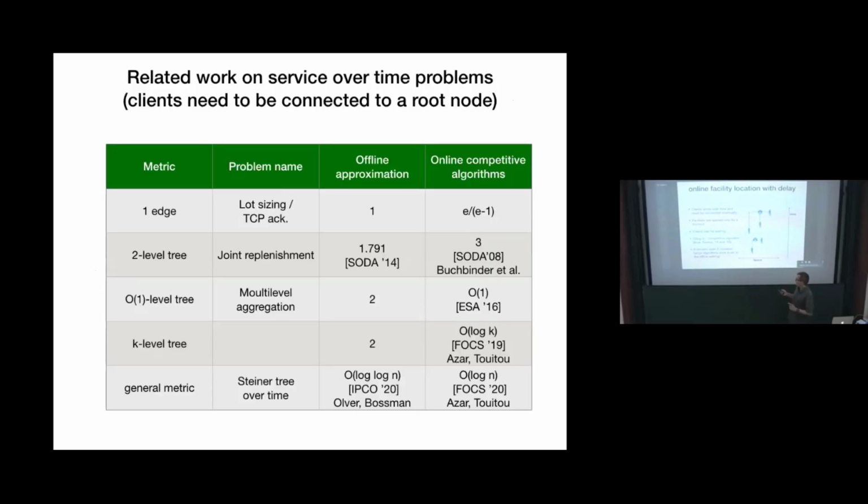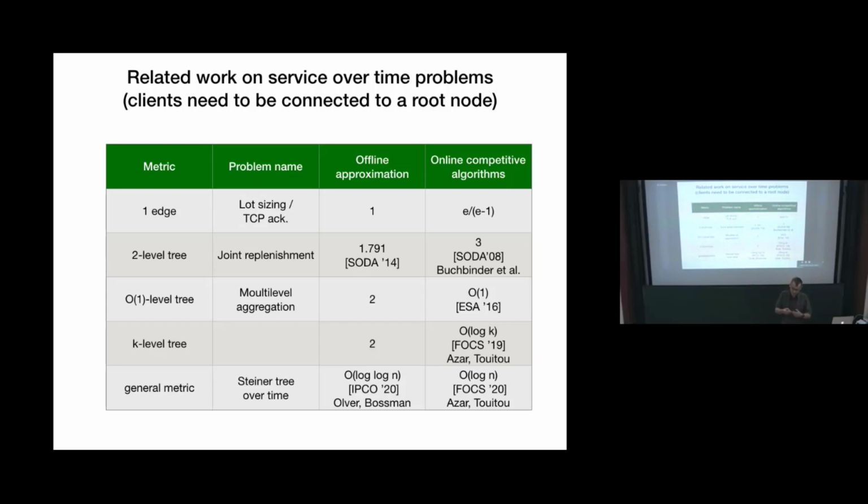So there's related work. It's related in the sense that you also study problems over time, but it's no longer facility location. You can view this as some kind of service over time, where clients can wait for service and then you service them. There are quite a number of settings that fit into a framework that can be described in the following way.